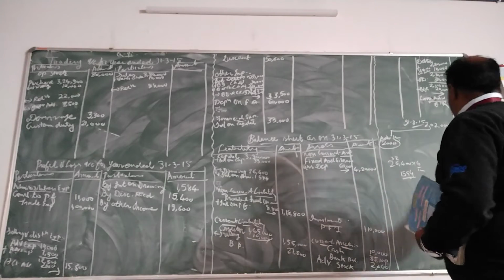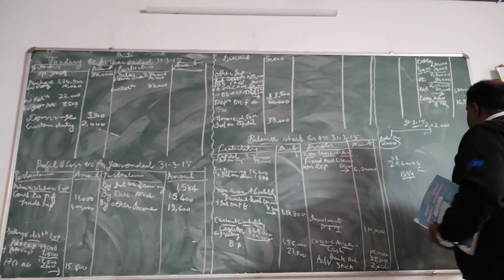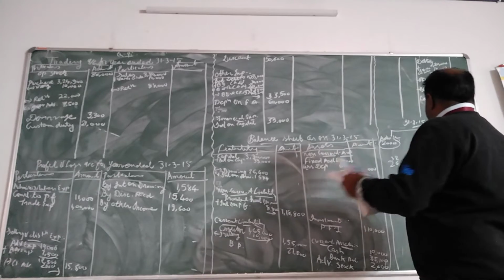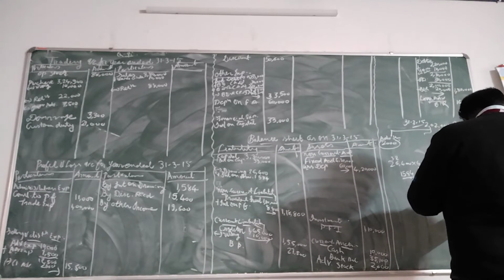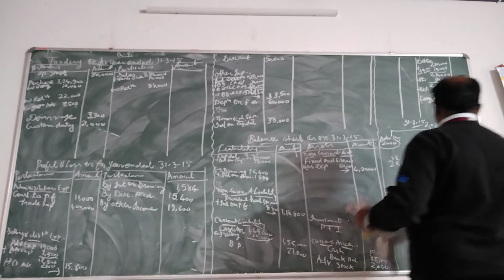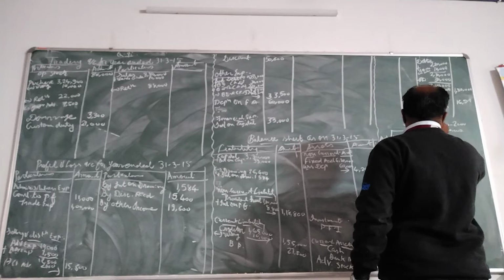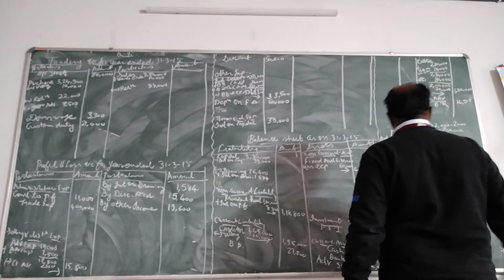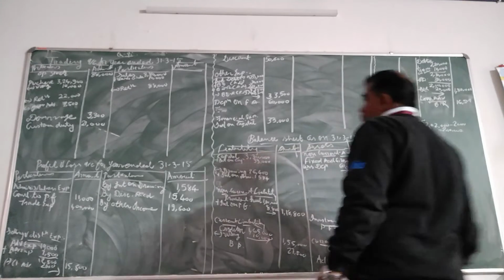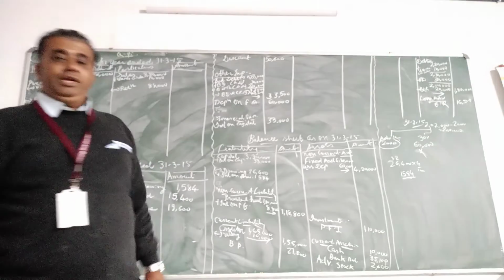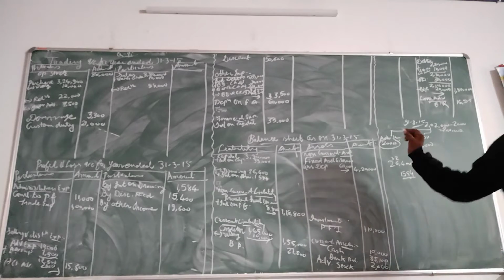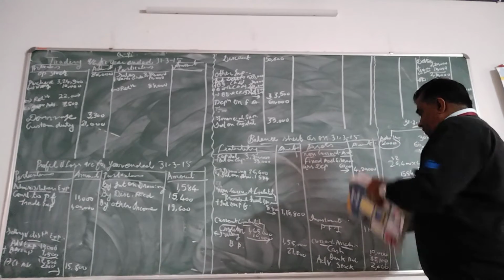So the closing stock here is 2,02,000 minus 2,000. We have the remaining 2 lakh, and 30% of 2 lakh is 60,000. The stock value is more in the market, so we will not change the price. We consider only the lesser amount, so no change in this.